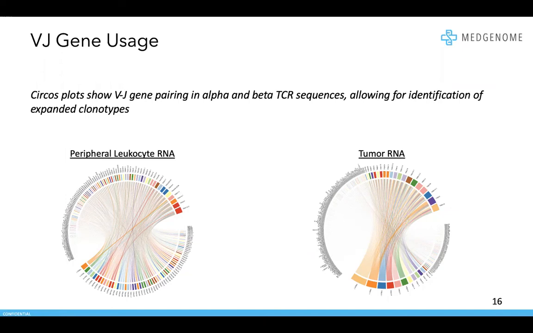It doesn't always mean that these are extremely interesting. But if you look at a tumor RNA sample, you start to see some V and J segments are a lot more abundant. And so you can zero in on trends there that could be caused by the tumor.